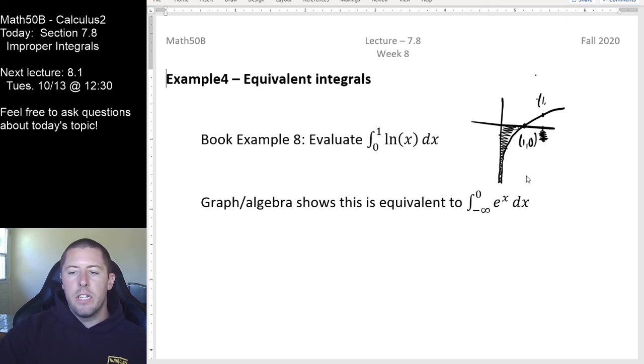Now, the thing that I thought was interesting about this problem is that in this problem here, the infinity is in the integrand.